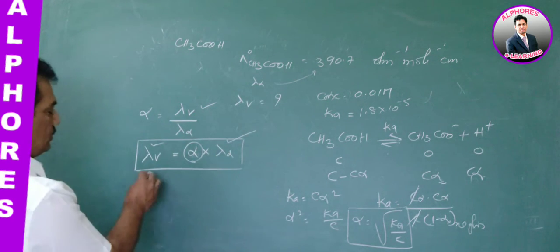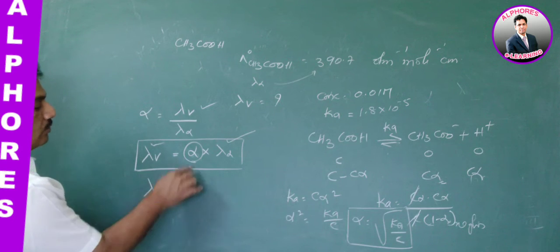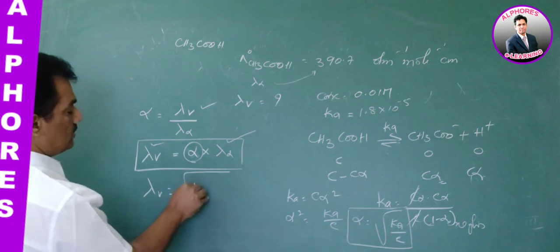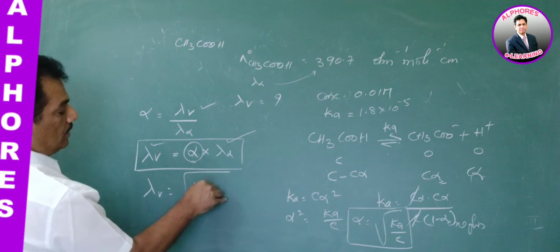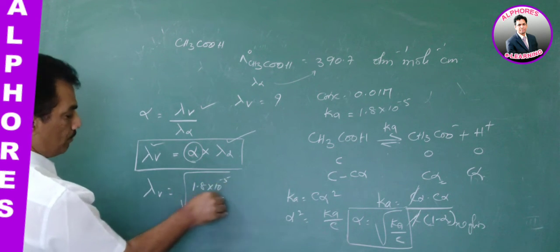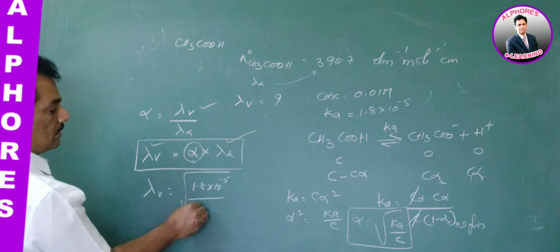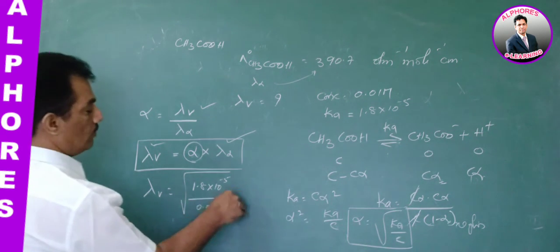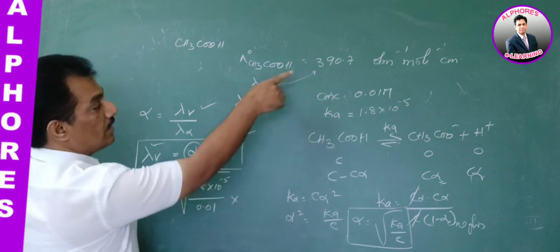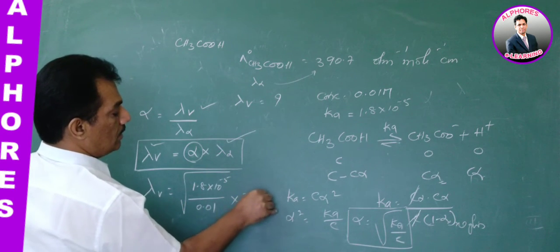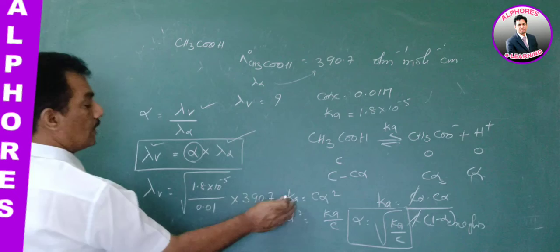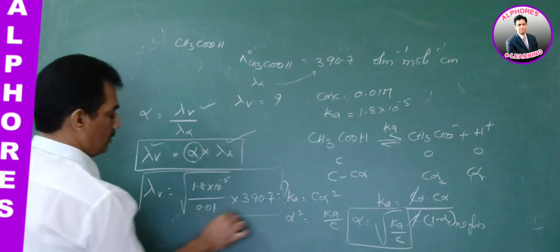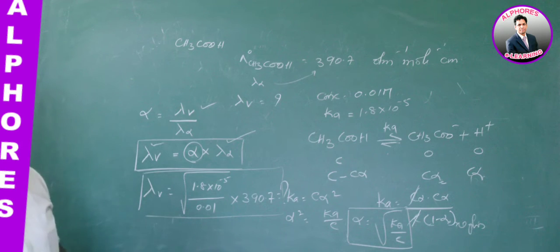Now let us substitute. Lambda V is equal to alpha, which is root of Ka, where Ka is given as 1.8 into 10 to the power of minus 5, by C, given as 0.01, into lambda infinity, given as 390.7. Whatever you get is the answer for this numerical problem. Clear?